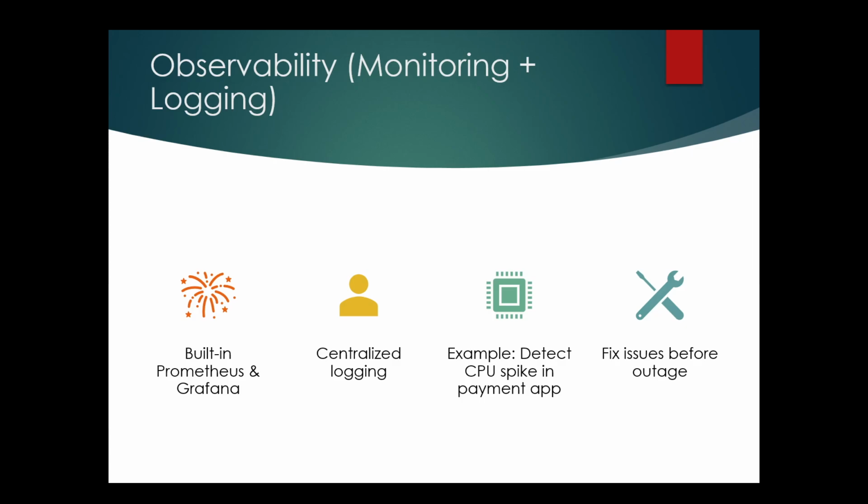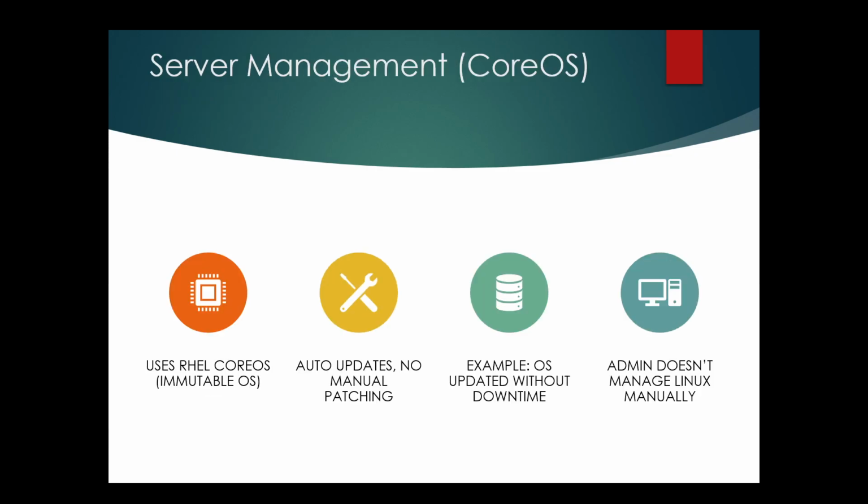You can detect CPU spikes in payment apps and loan applications. Likewise, you can detect those things as part of the built-in Prometheus and Grafana. There are also tools provided to fix issues before an outage. That is also part of observability.